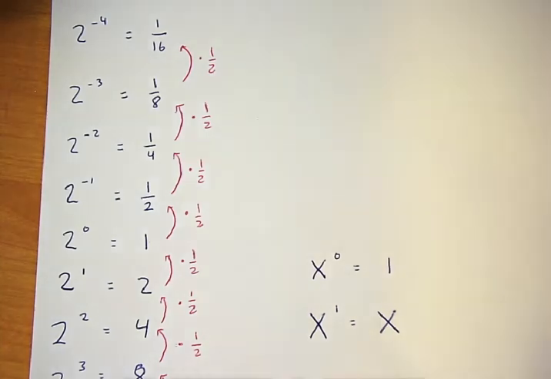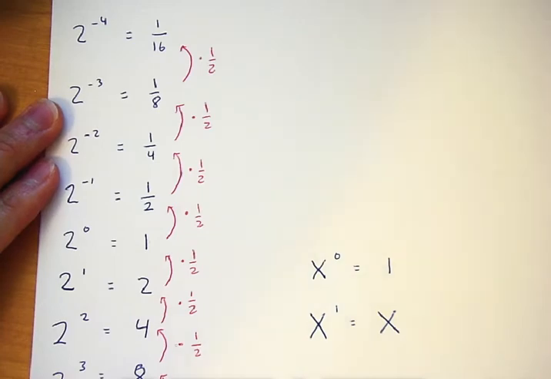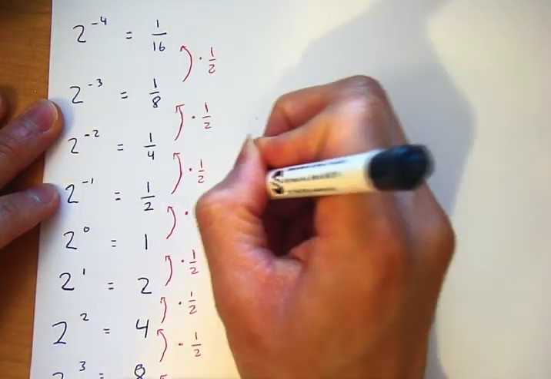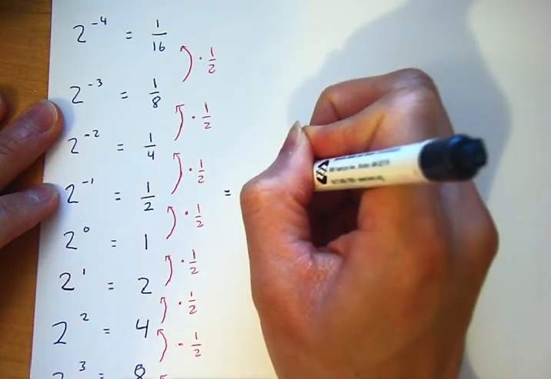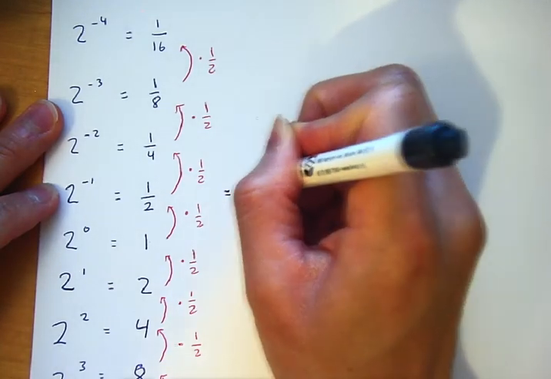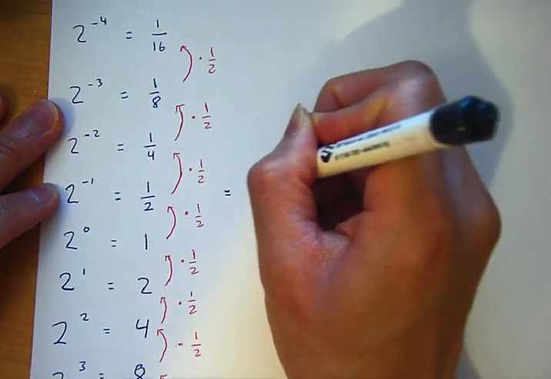Okay, now let's look at these fractions for a second. So here I had 1/2. Sure, I'm going to rewrite this. So you had 2 to the negative 1.